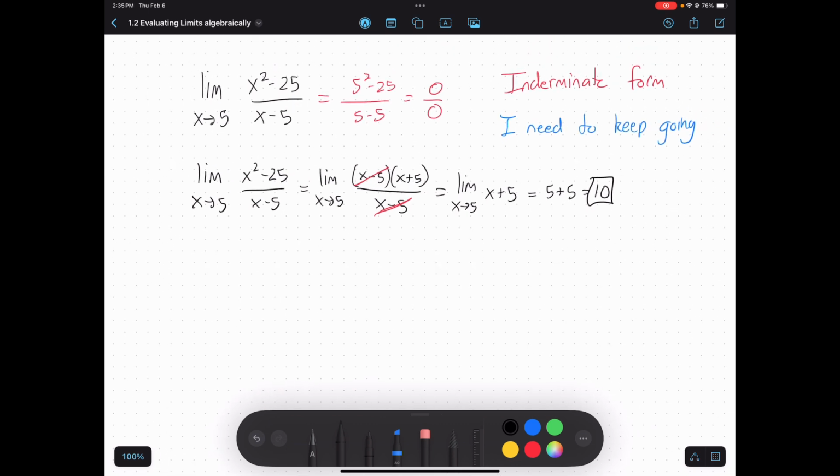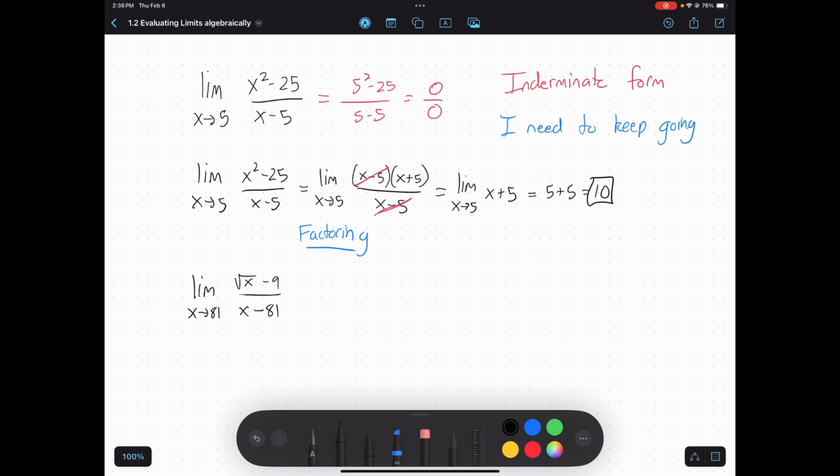So we're going to see a few different examples. You'll see a few different examples on your homework where you just have to use different tools. Factoring is one of our tools. Let's look at an example like this, where you have the square root of x minus 9 over x minus 81, and your limit is as x approaches 81.